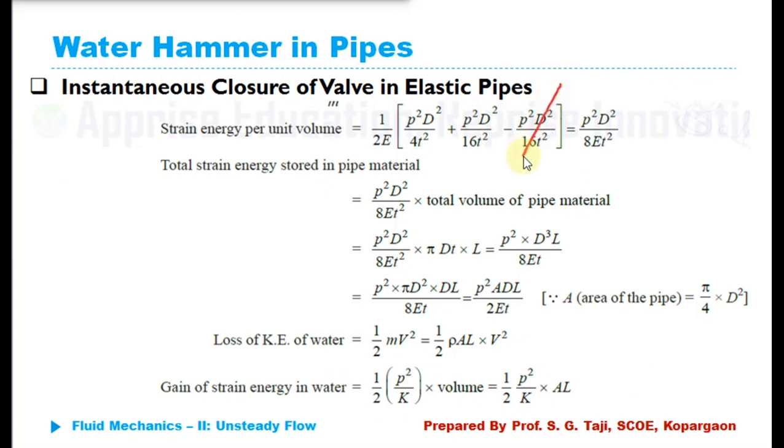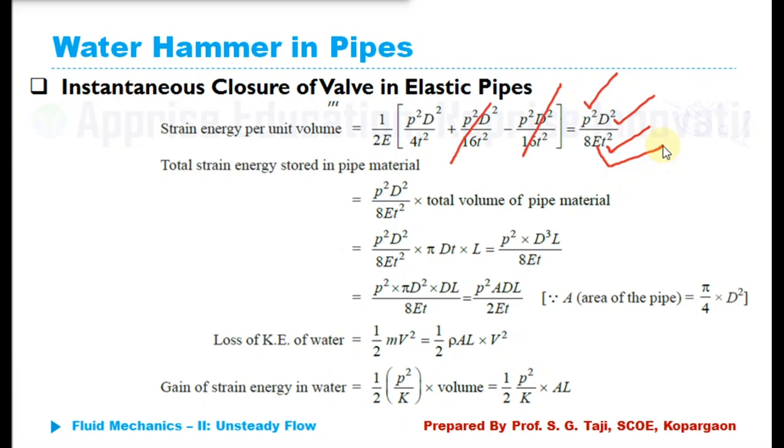So this 16 P square D square upon 16 T square, and plus and minus both will get cancelled. So what I am getting here, only this equation, and if I multiply it outside I will get P square D square upon 8E T square, where T is the thickness of the pipe material, and here D is the diameter of pipe, P is the pressure inside the pipe or inside that pressure vessel, and here E is the modulus of elasticity of the pipe material.